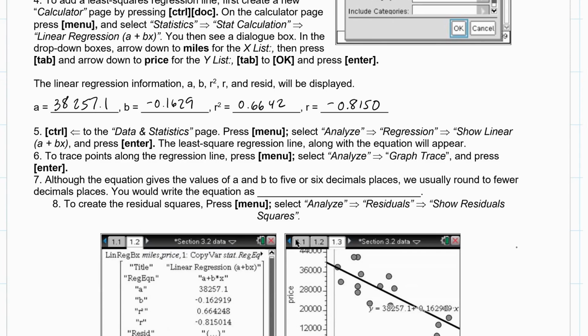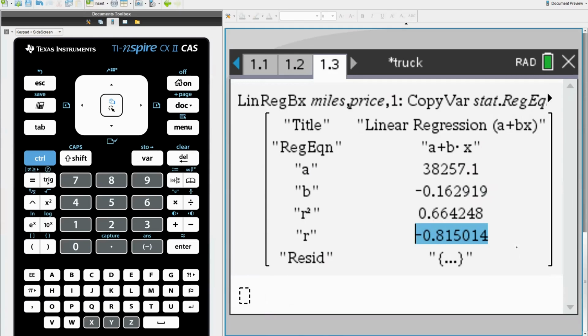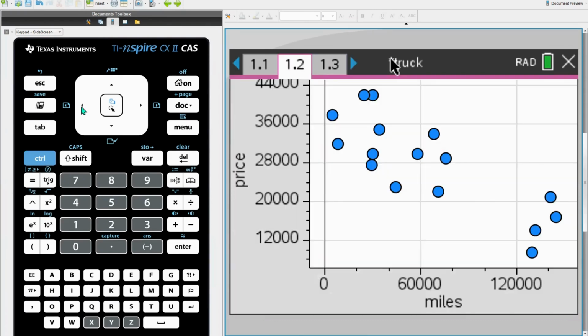Now, if we want to see that line going through our data, then we can go back to the scatter plot. I'm going to hit Control left arrow to change what page I'm looking at. And we can go ahead and say, I'd like to see that line of best fit going through the data.